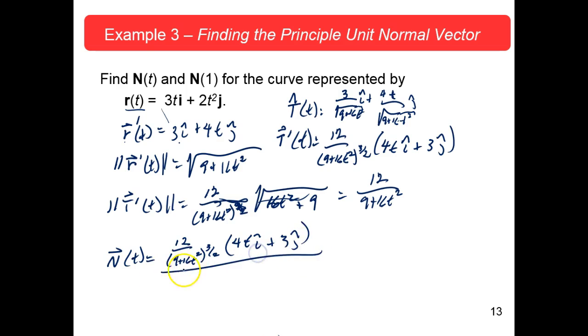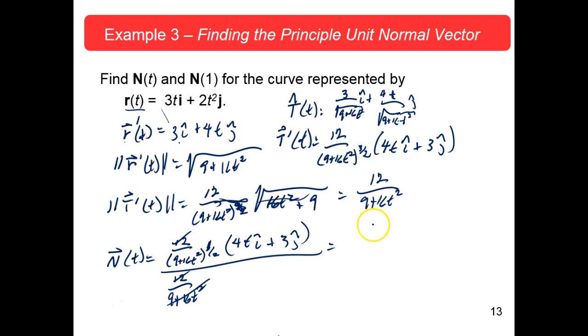Then divide this by 12 over (9 plus 16t squared). Well, the 12s are going to go out, and this will go into that 1/2 power.